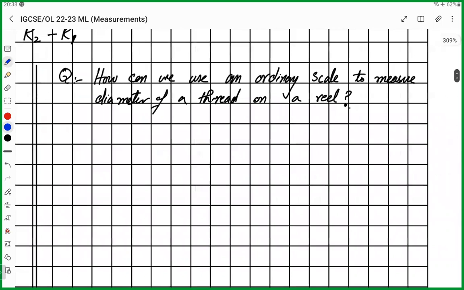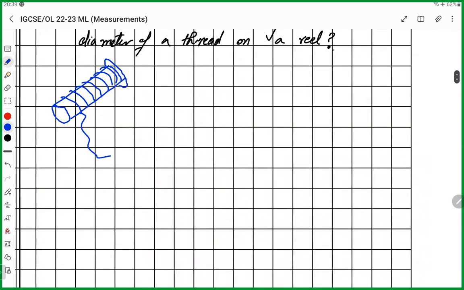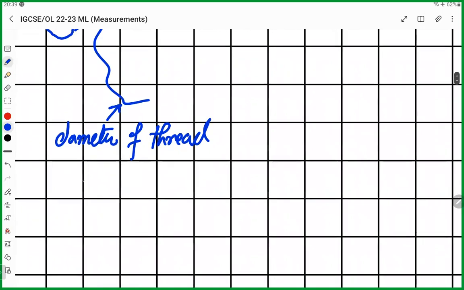Now, for example, you have a reel of thread. This is a reel of thread, and I want to measure the diameter of the thread. Again, I'm not using a micrometer here. Can we use an ordinary ruler to measure it?